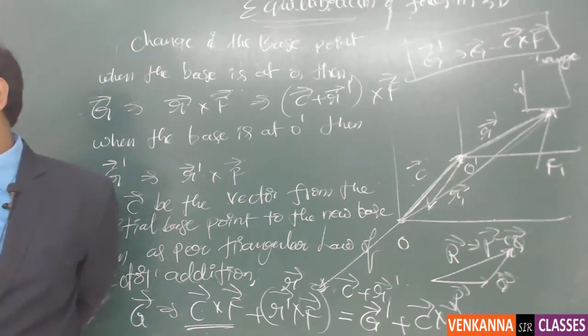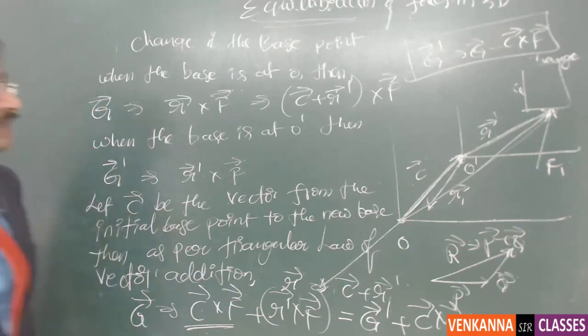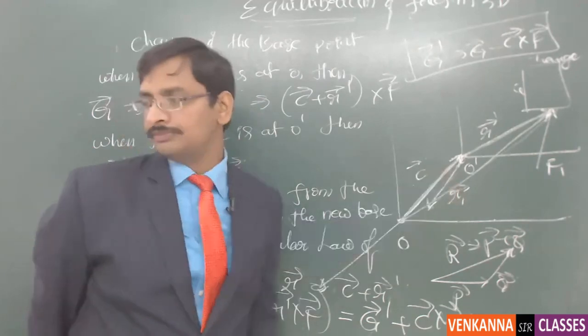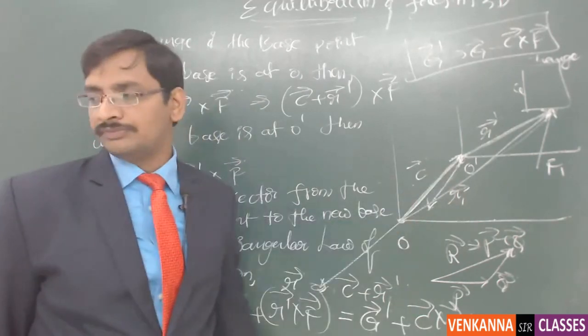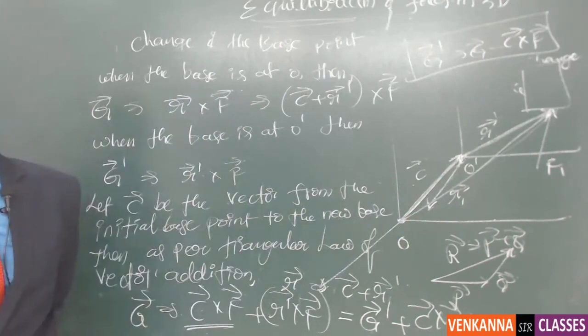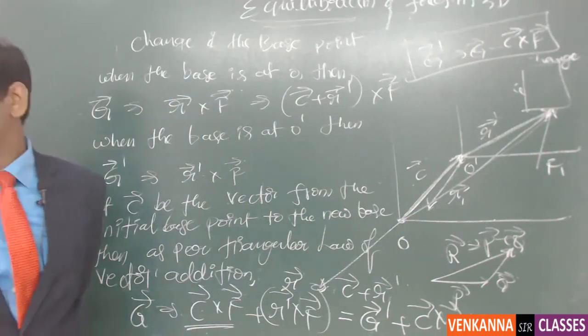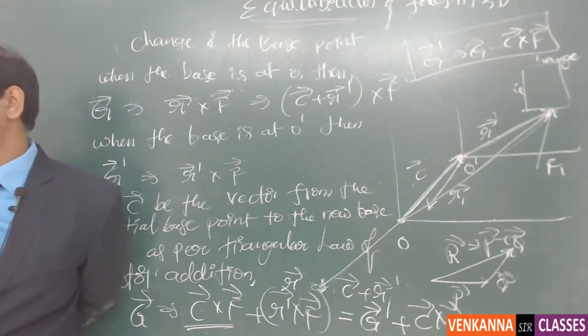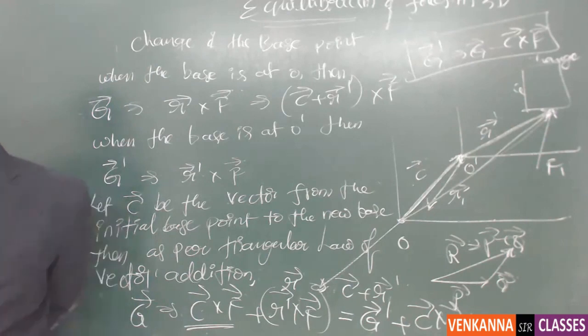G dash is equal to G minus C cross F, where C is the vector drawn from the initial base point to the new base point, which is a constant vector. Understood? Any questions on this?